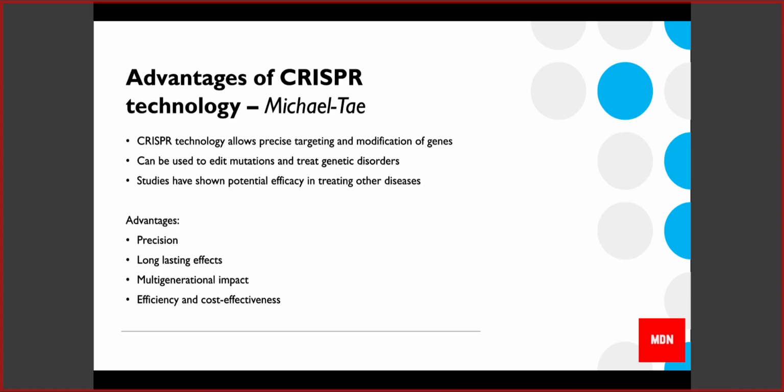Studies have also shown that infectious diseases and some forms of cancer may also be able to be treated using CRISPR technology. Precision. CRISPR-Cas9 has highly precise targeting capabilities, allowing specific modifications to be made.